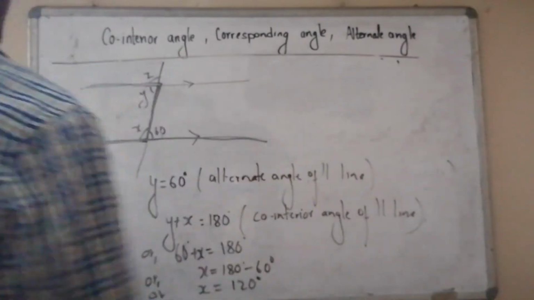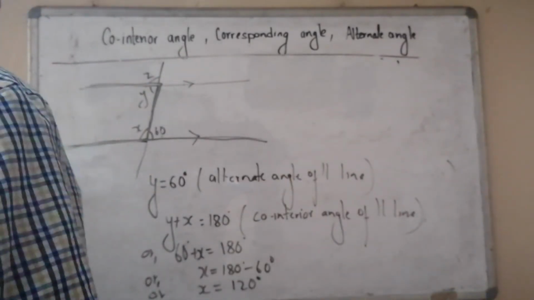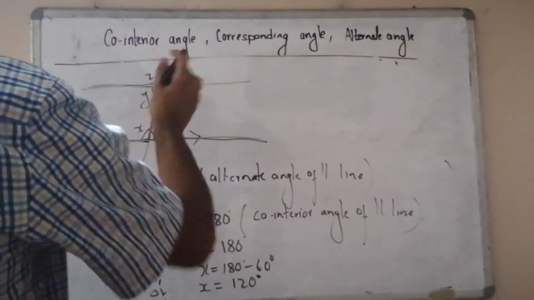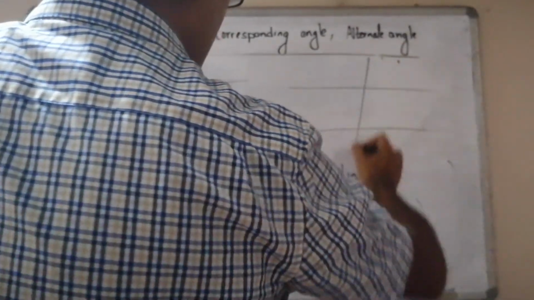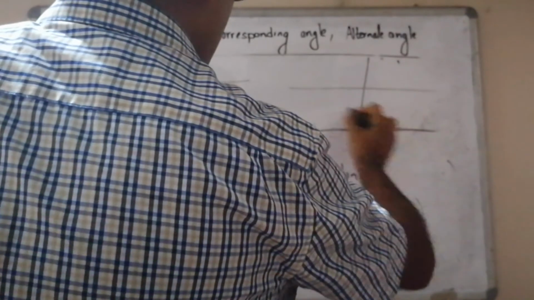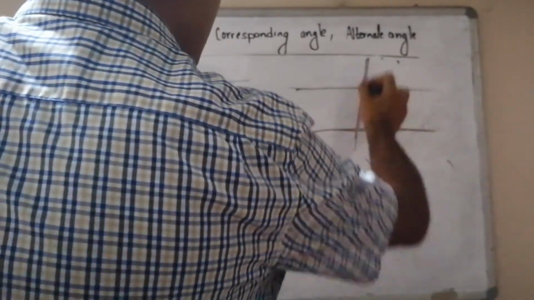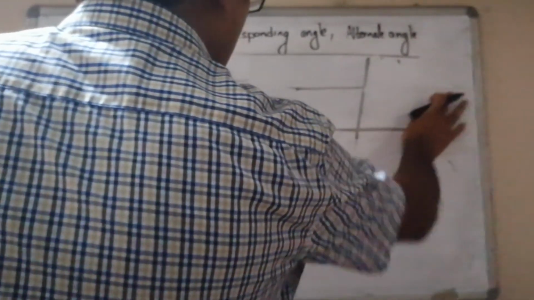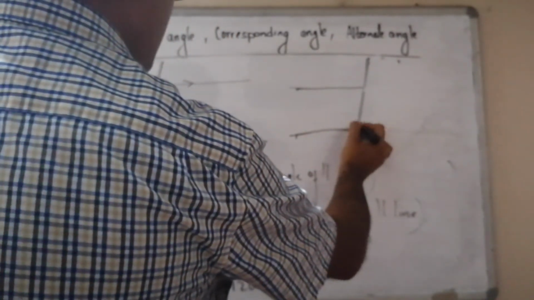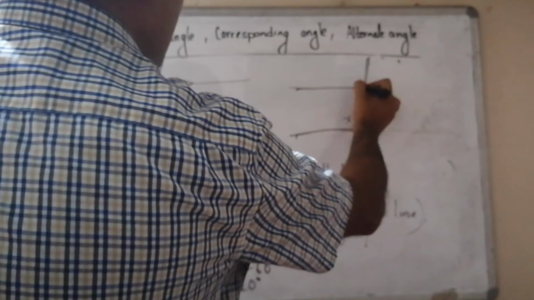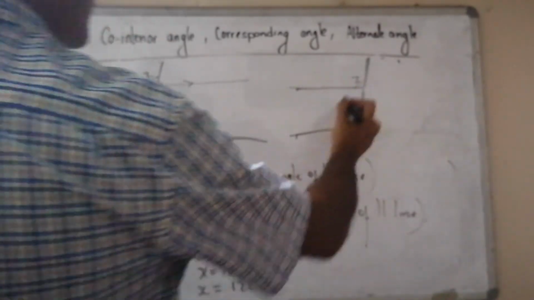Now the remaining one is z here. Then how are we going to solve this? If you look at the figure again closely, look at here. This is x, and this is z here, and this is y here.